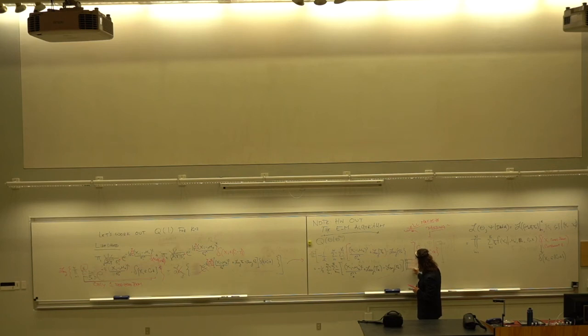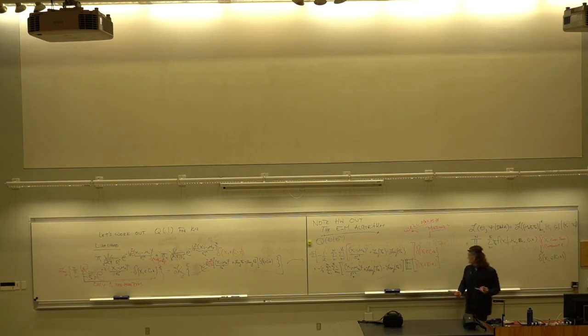Then I've got my expectation over here on my indicator function. Indicator function that xi came from component k is what that says.